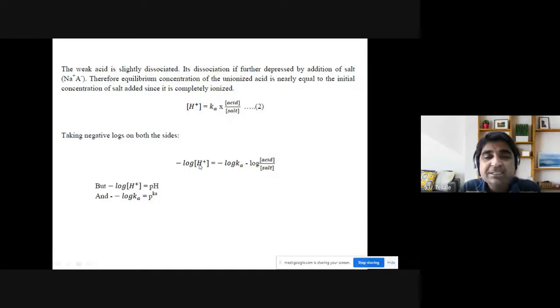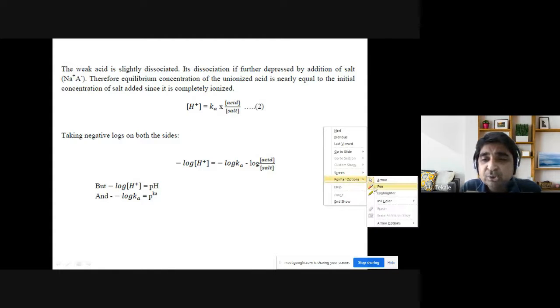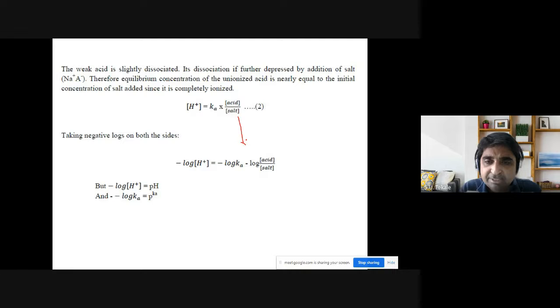H plus ion concentration would be Ka, where Ka is the dissociation constant of the weak acid, multiplied by concentration of acid divided by concentration of salt. So if I apply negative log on both sides, what will happen?